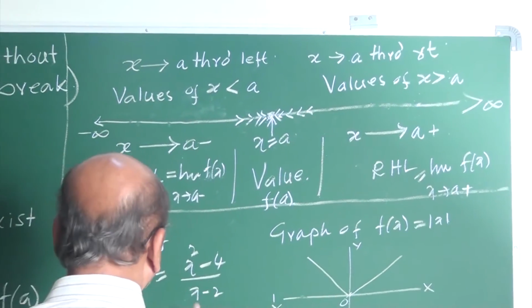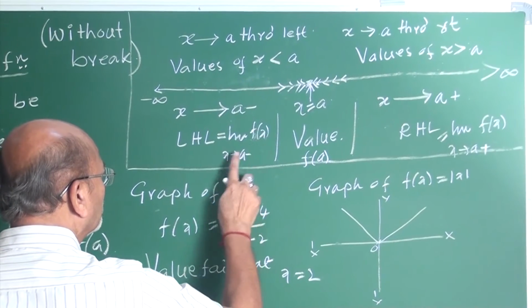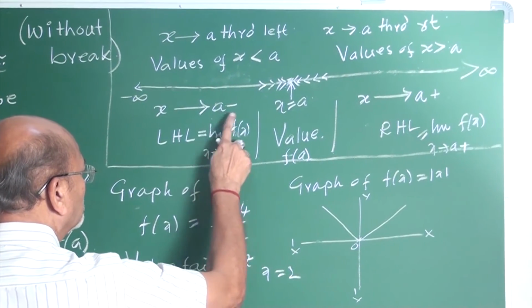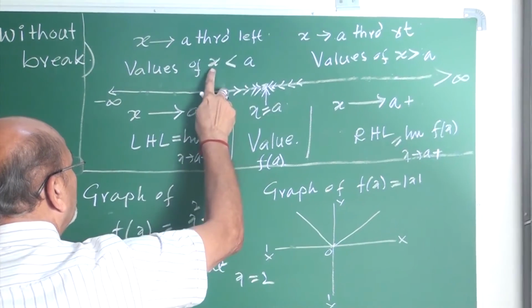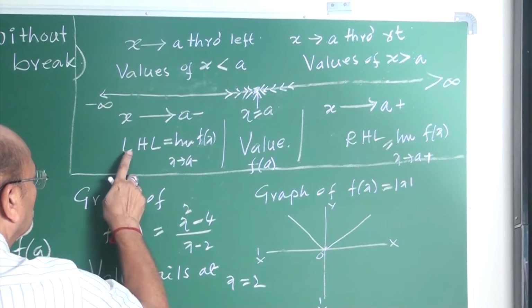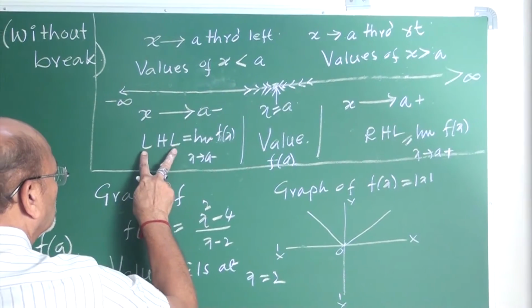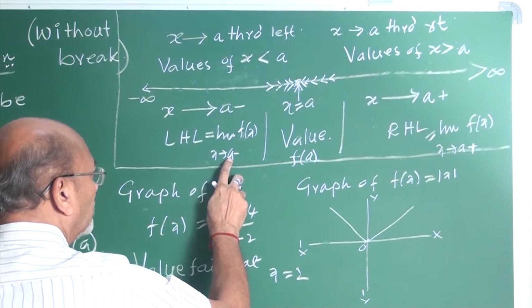In this case, if the limit of f(x) as x tends to a through left, by taking values less than a, exists, that limit is called the left hand limit. Therefore, the left hand limit equals the limit of f(x) as x tends to a minus.